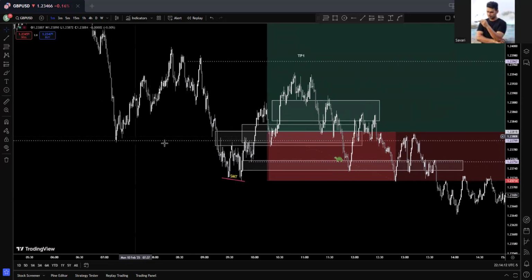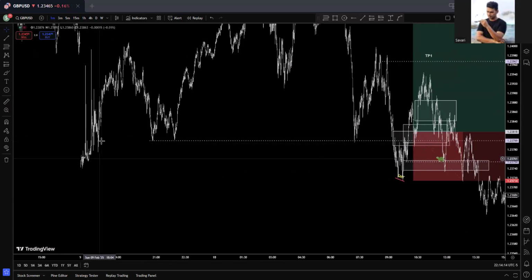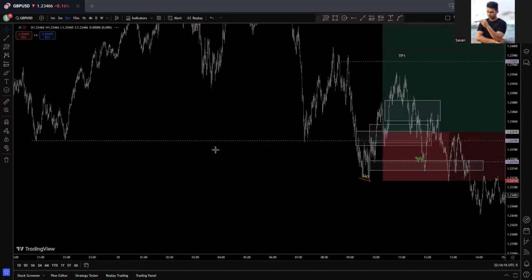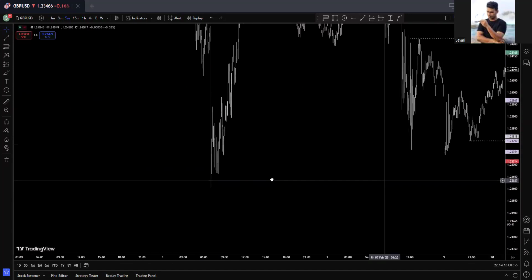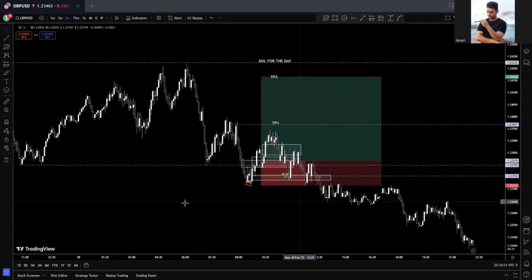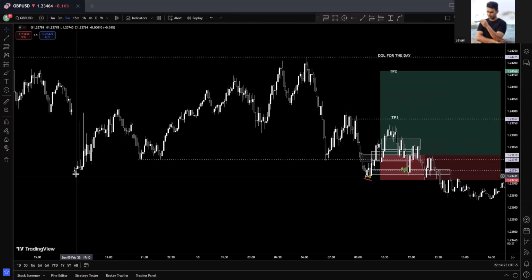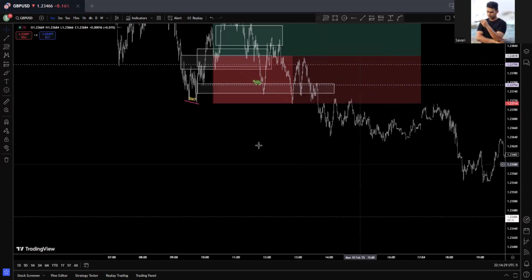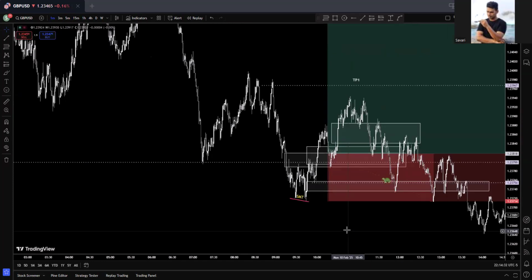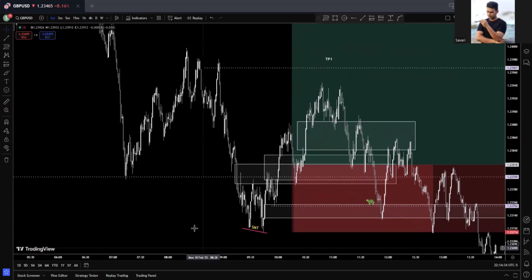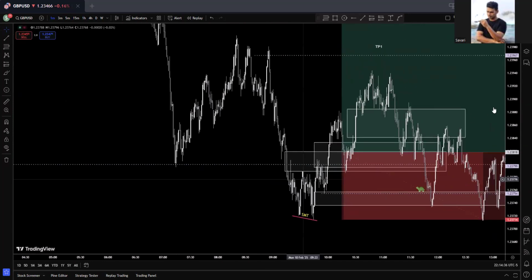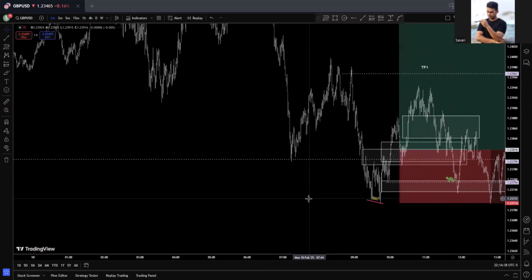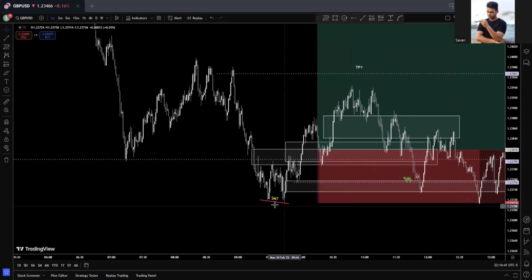As soon as the price sweeps these areas in 5 minutes, and this area has been attacked, I go to the 1 minute. This is SMT which put in place.